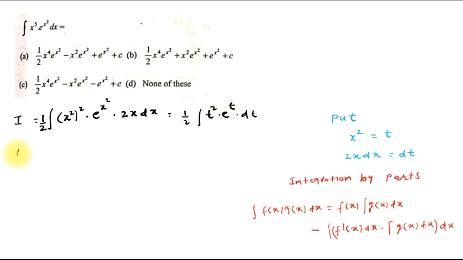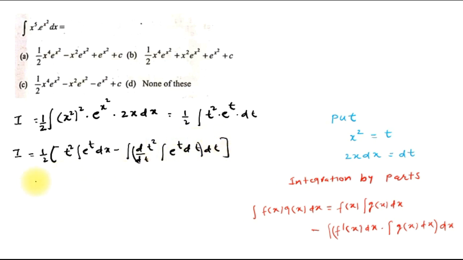So I can be written as I is equal to half into integration of t square, taken as the first function, into the integration of e to the power t dt, minus integration of the differentiation of t square with respect to t into the integration of e to the power t dt, whole integration dt.